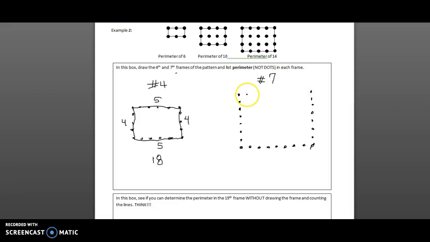And then across the top I need to add 7 more here in the middle. Missed 1 there. Alright, connect these lines as neatly as I can.